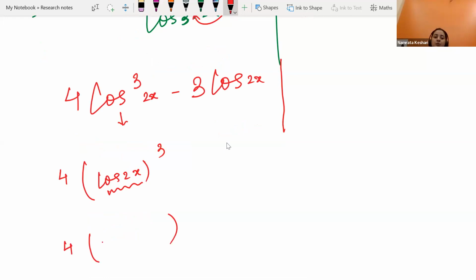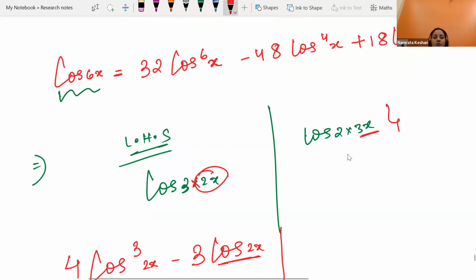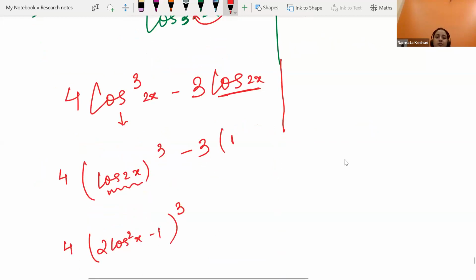Was it 2 cos square x minus 1? Yes. If you are using the other approach, try sticking with the cos only formula. So cos 2x is 2 cos square x minus 1.